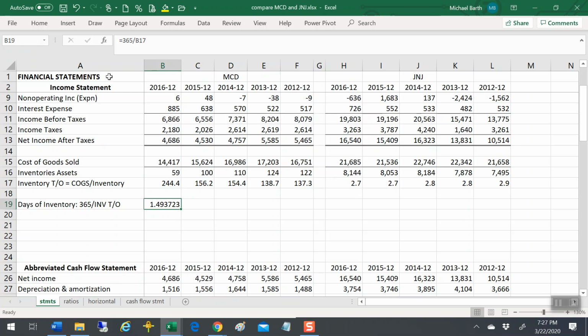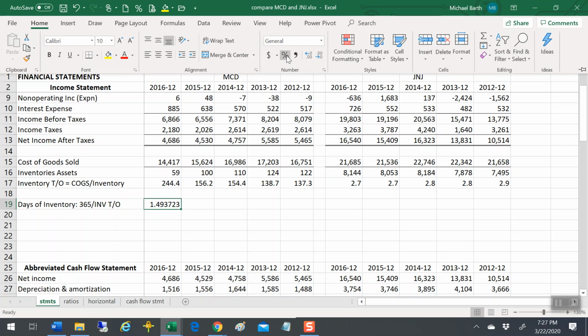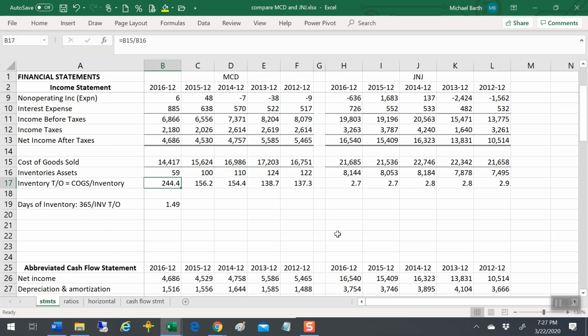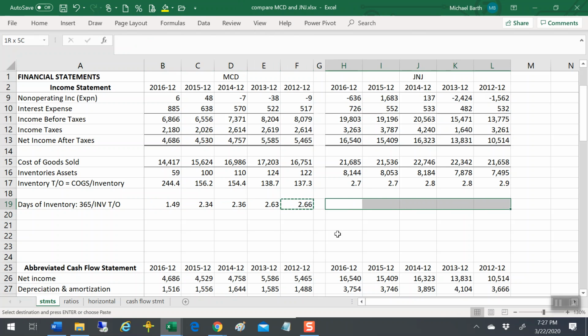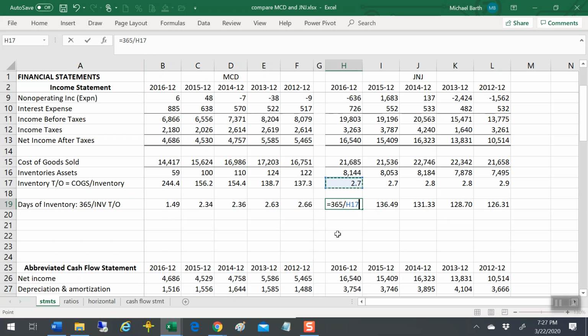Okay, so if you're selling off all your inventory 244 times a year, then that's about 1.5 days to turn it over. If we go over here to Johnson & Johnson, 365 divided by the inventory turnover, you can see that it takes about 137 days.